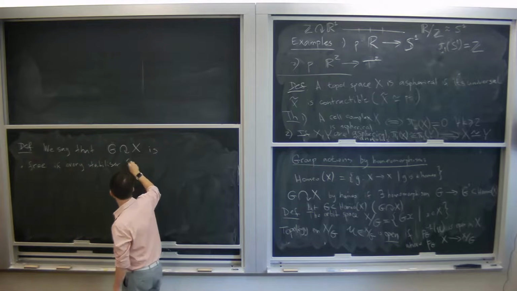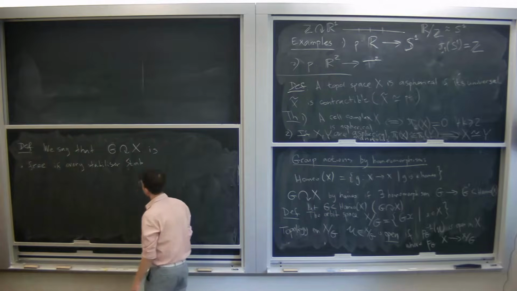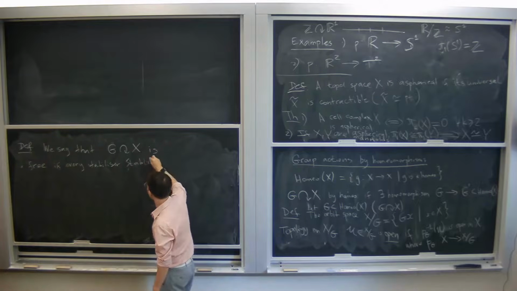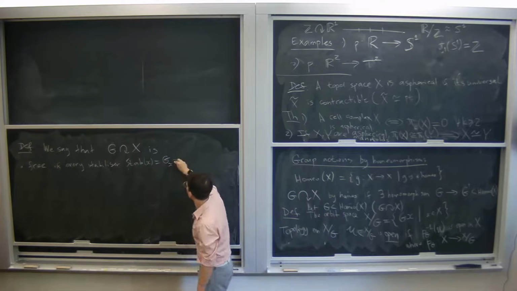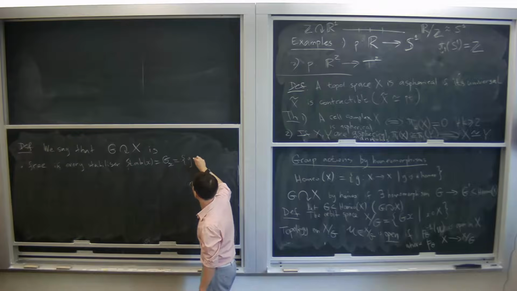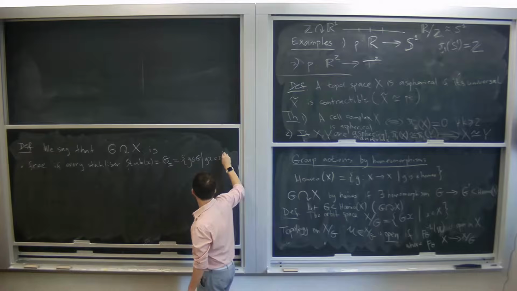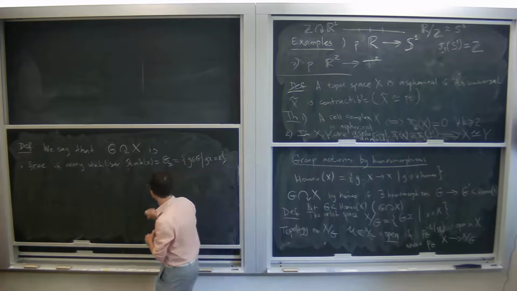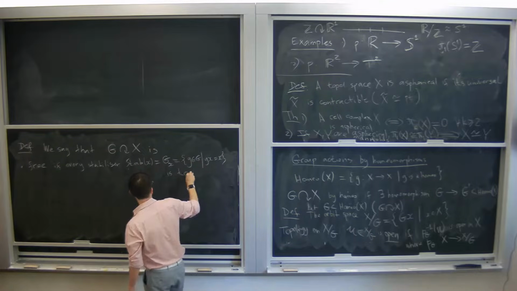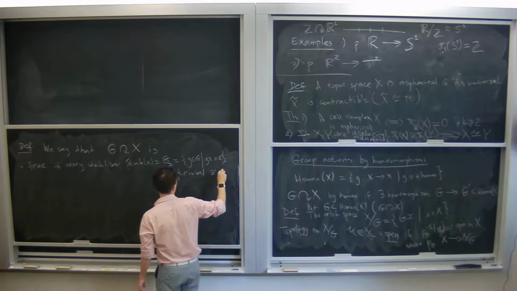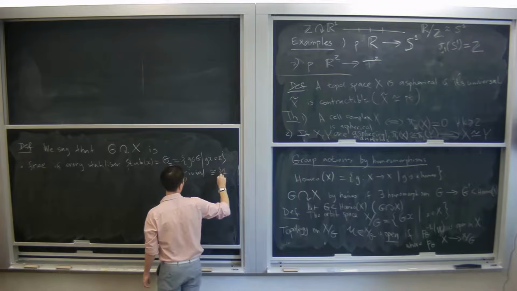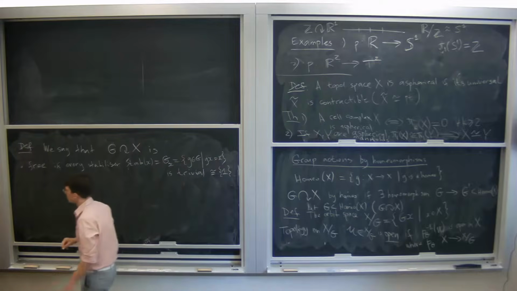Stabilizer, usually, we have two notations, either the stabilizer of x or G sub x, which is the set of all elements g of G such that gx is x. It is trivial, meaning that it is isomorphic to the identity element in the group, right?